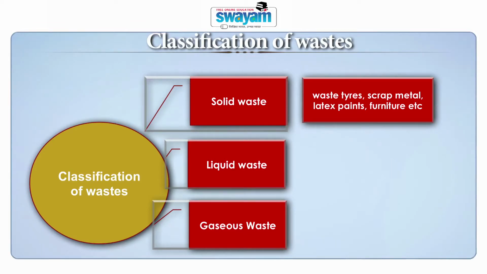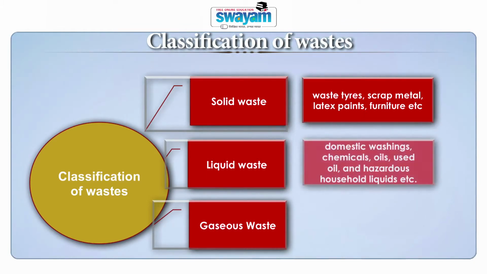Liquid waste, as the name indicates, is liquid in nature. It is produced at the domestic level, at the commercial level, as well as at the industrial level. Liquid waste contains domestic washings, chemicals, oils, used oils, and other hazardous household liquids.